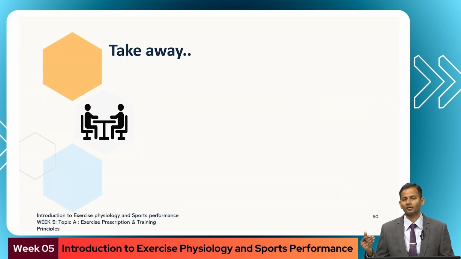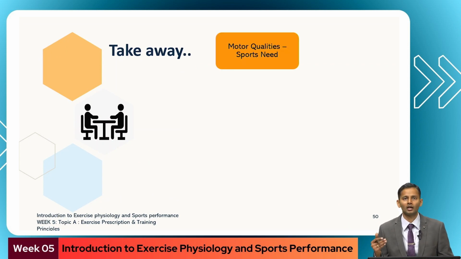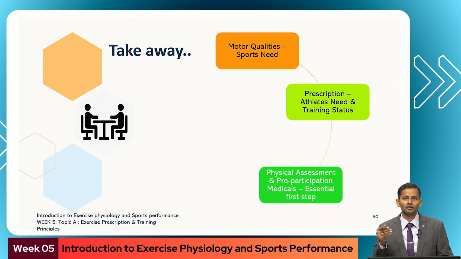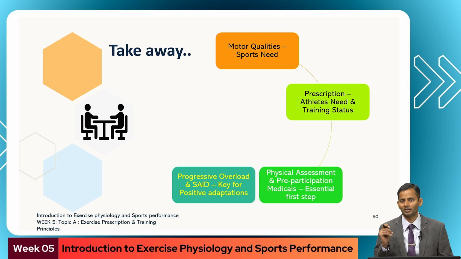So the takeaways from this session on exercise prescription and training principles are: you need to know the motor quality that is specific for a particular sport, and prescribe based on the need and the status of the athlete. Physical assessment is an integral part of your exercise training program, and medical pre-participation is a must before even starting to design the program, and that should be the first step.